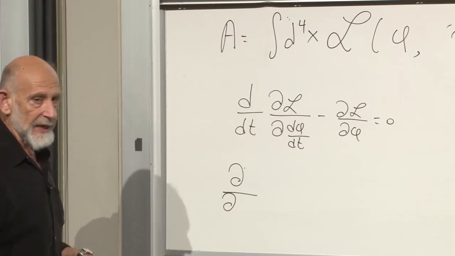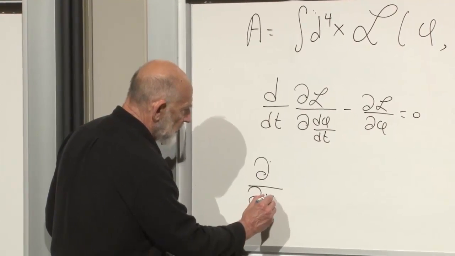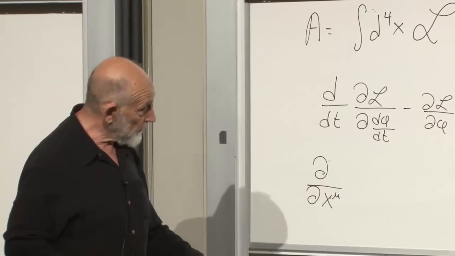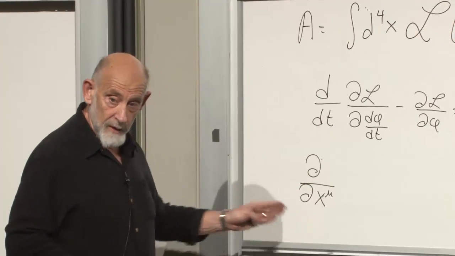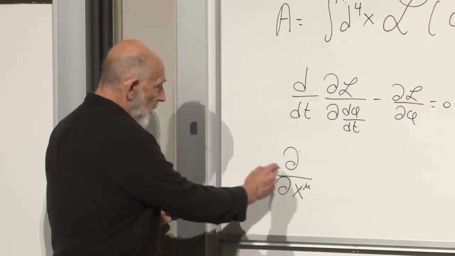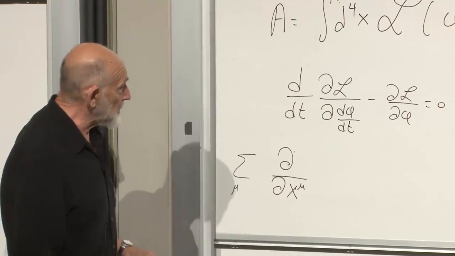not with respect to t, but with respect to x mu. Now, one of the terms will correspond to t. X mu runs from t, x, y, and z, a sum over mu, one for each direction of space-time.